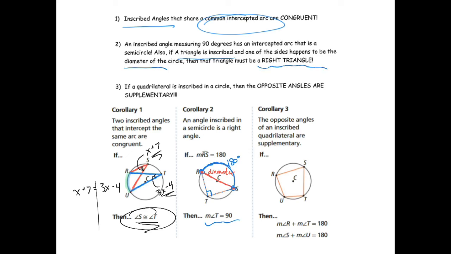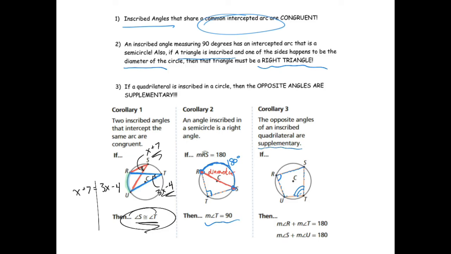And then lastly, corollary number 3. If I've got a quadrilateral, then the opposite angles, angle R and its opposite angle, angle T, I put different congruent marks because they're not congruent to each other, so you can see there's a different amount. They're going to be supplementary.